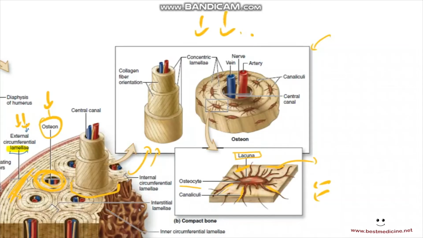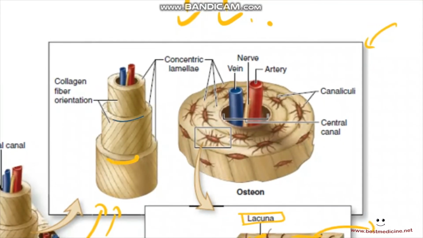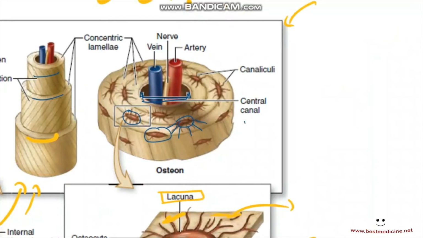And what they're showing is that there is circular matrix containing these lacunae embedded osteocytes, and they have their canaliculi that you can see in this diagram, and what they have is a central canal. This central canal is also called Haversian canal.